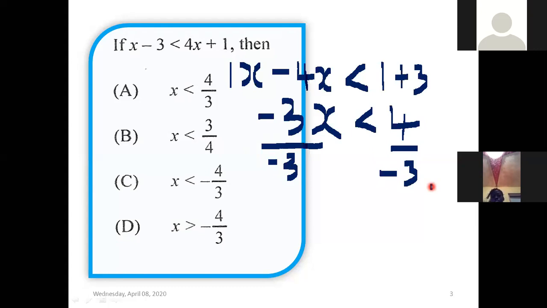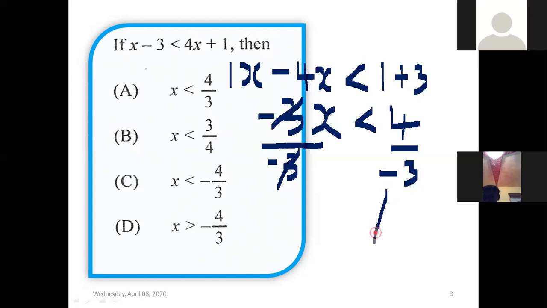Kimani, continue. No response. Have the answer, sir. X less than 4 over negative 3.